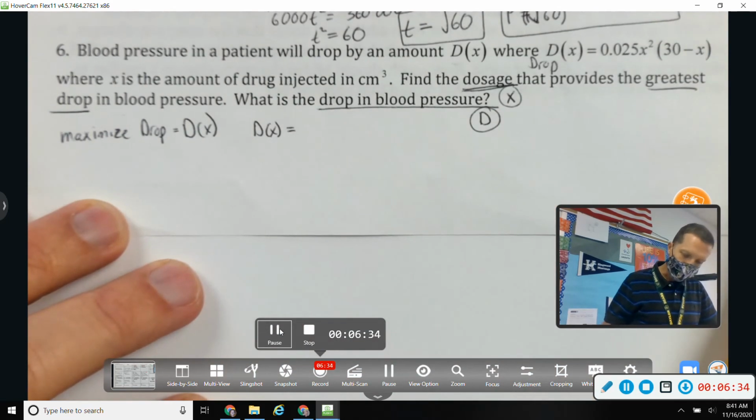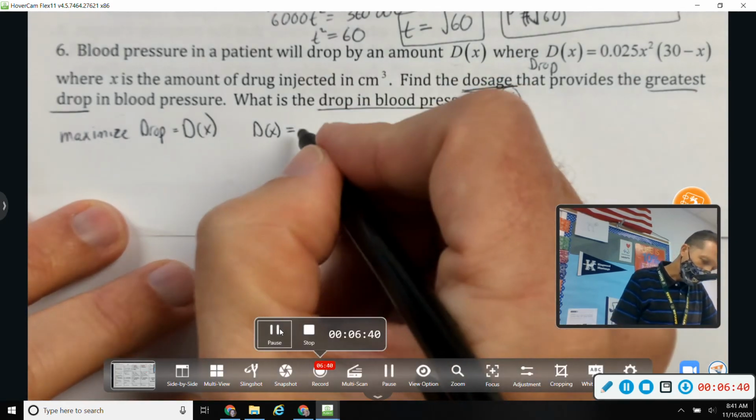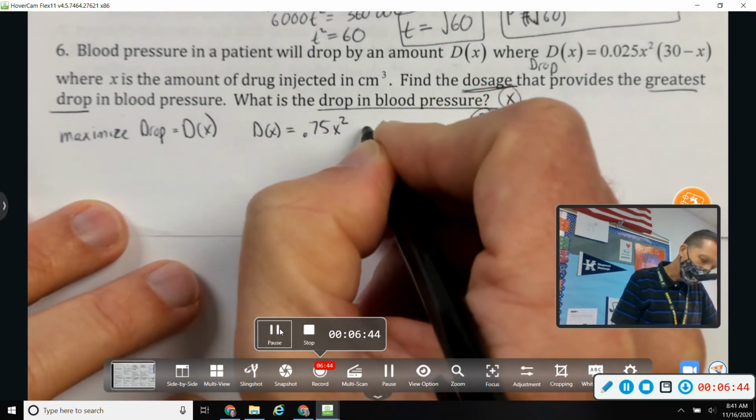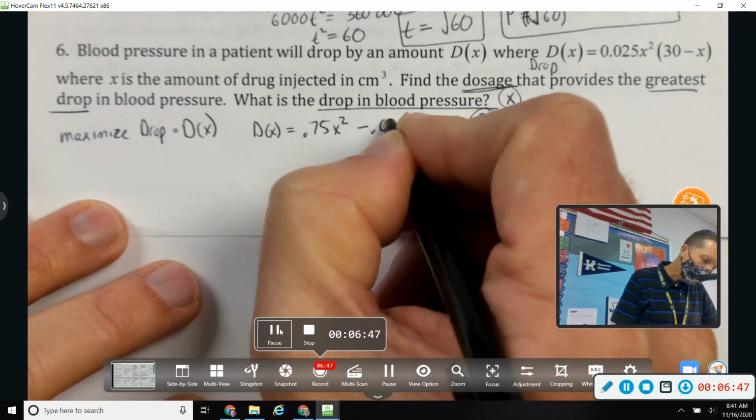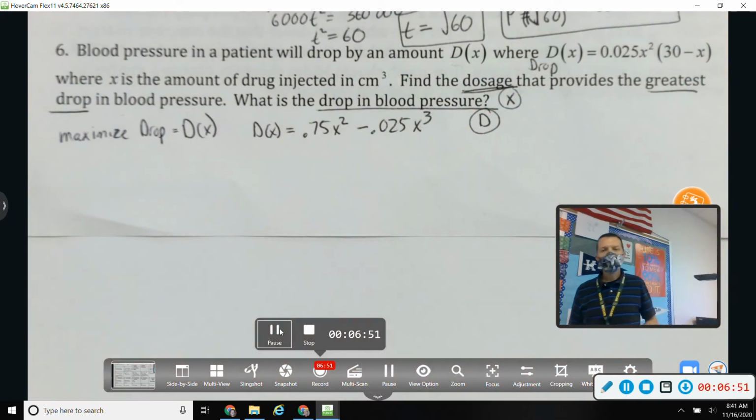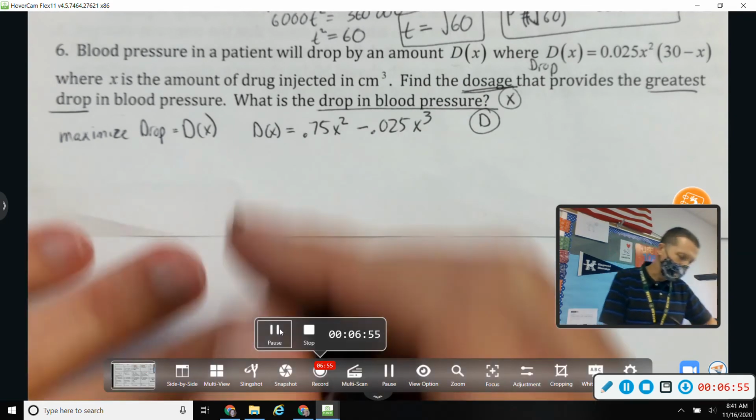But I'm going to use a calculator so I don't mess up my algebra. 30 times 0.025 is 0.75 x squared minus 0.025 x cubed. Not calculus yet. That's algebra because it makes my calculus easier.